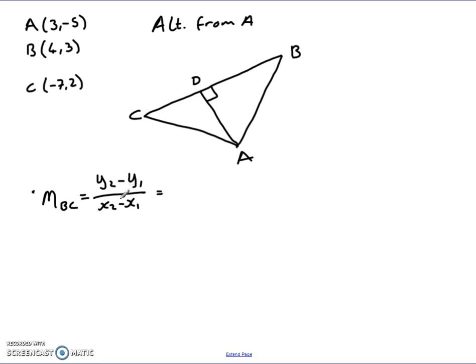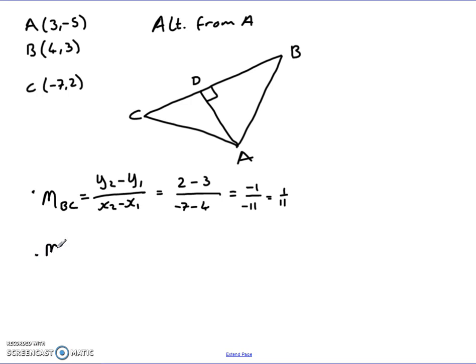So if you take your points and label them, let's imagine point C is going to be x2, y2, point B is going to be x1, y1, we end up getting 2, take away 3, divided by -7, take away 4. So 2 take away 3 gives me -1, -7 take away 4 gives me -11, so I end up with 1 over 11. So that's the first gradient I need to calculate.